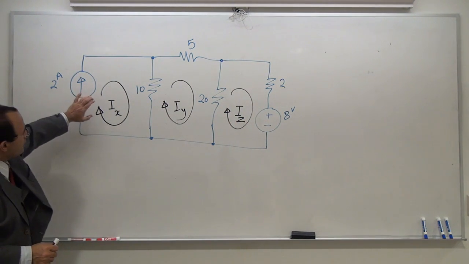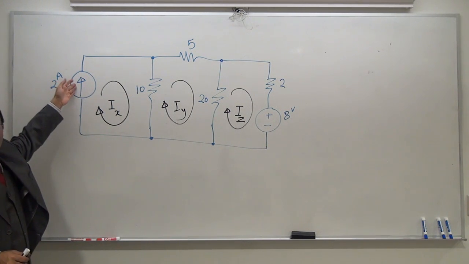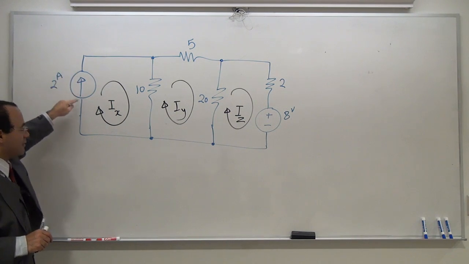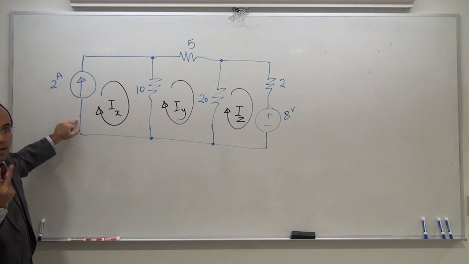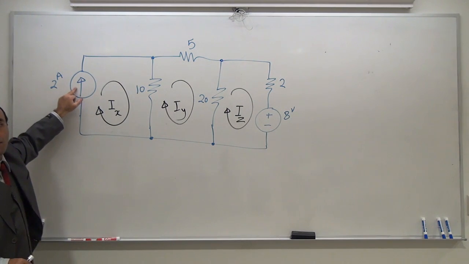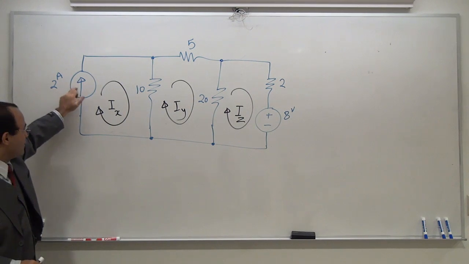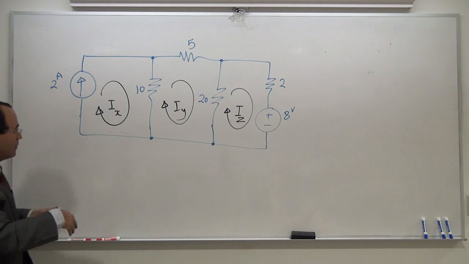When I want to write this loop, I am facing a component that is dictating to me how much this current is going to be. This is the component current, and it is 2 amp. This loop is interacting with this component and only with this. There is nothing else.